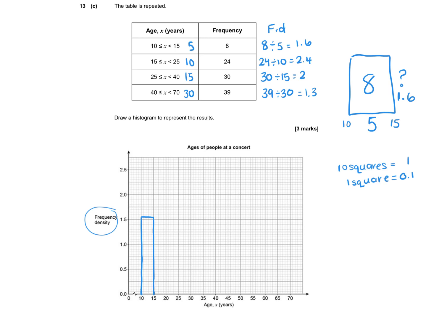All right, the next one goes from 15 all the way up to 25. Let's change colors so you can see the next rectangle. So from 15 all the way up to 25, it's going to have a height of 2.4, so just below this line here.